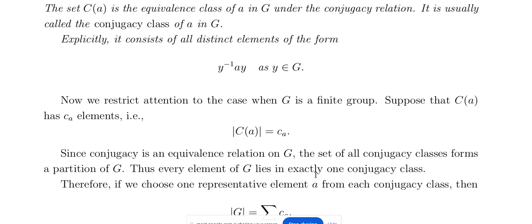Another important point based on the conjugacy class: the set of all conjugacy classes form a partition of G, and every element of G lies in exactly one conjugacy class.